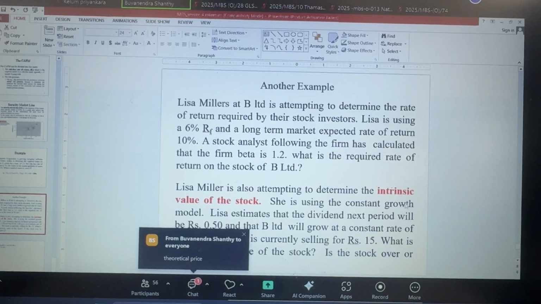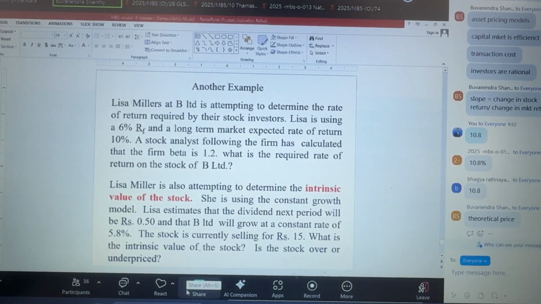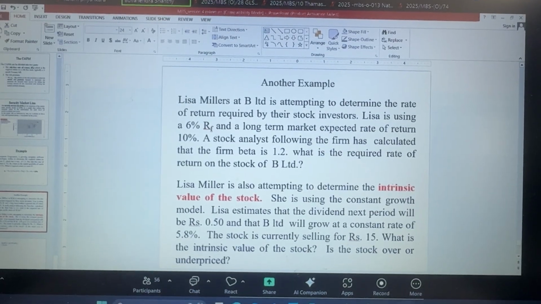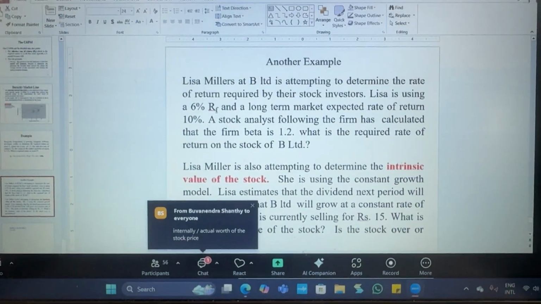How much is it actually worth? Internal worth means the actual worth of the stock. That stock price is called the intrinsic value.